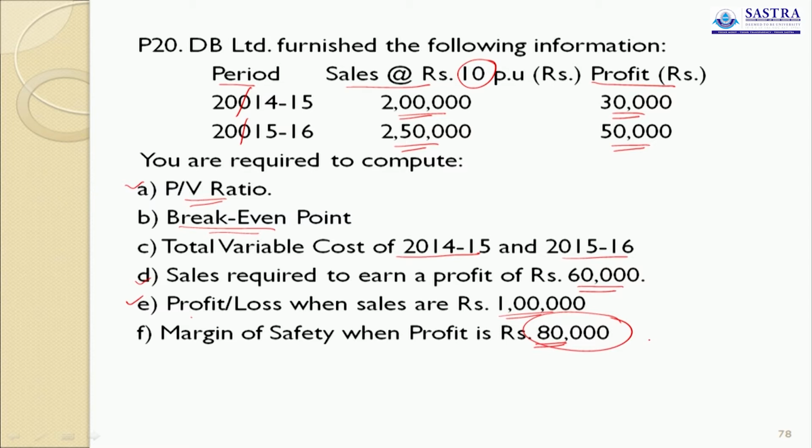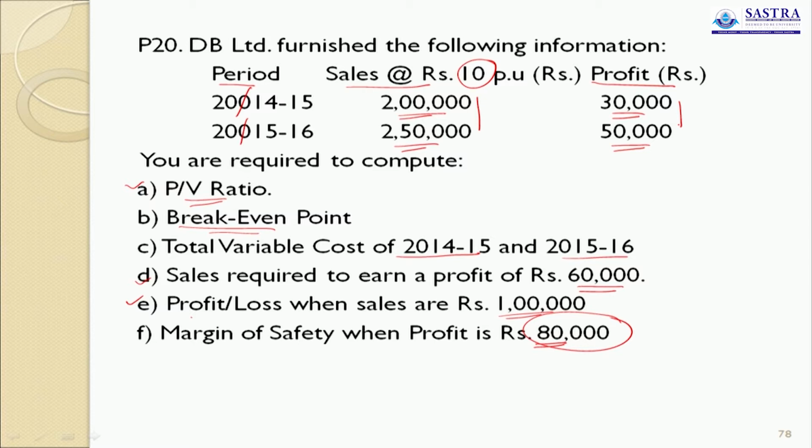So first we calculate PV ratio. Before extracting the relevant formulas for PV ratio, you have to read the problem and see what components are given. Based on the available components you have to choose the formula. Here periodical sales and periodical profit are given.